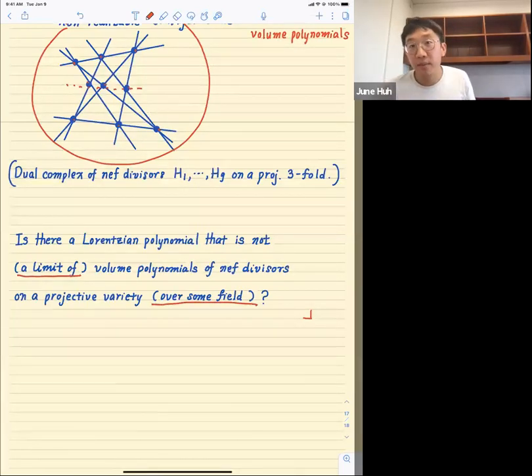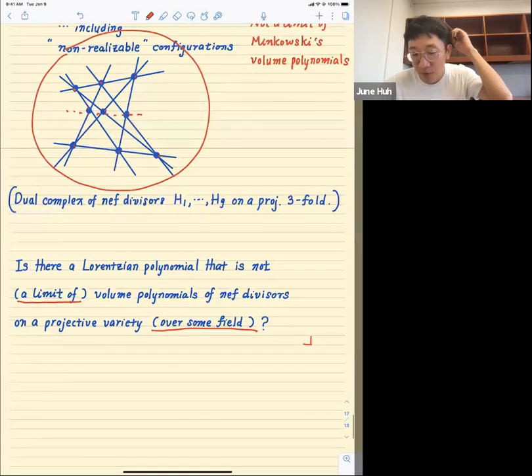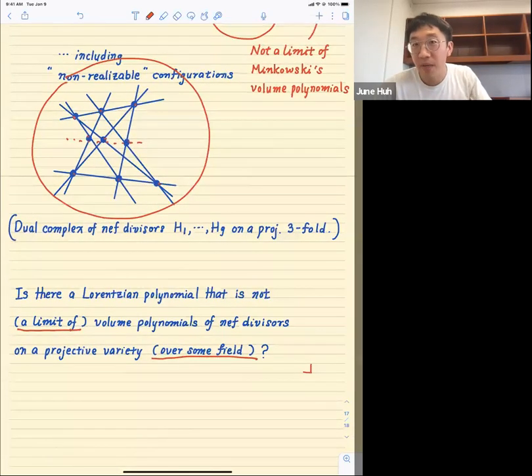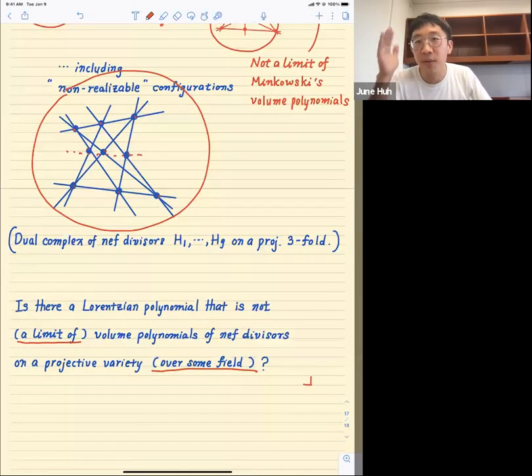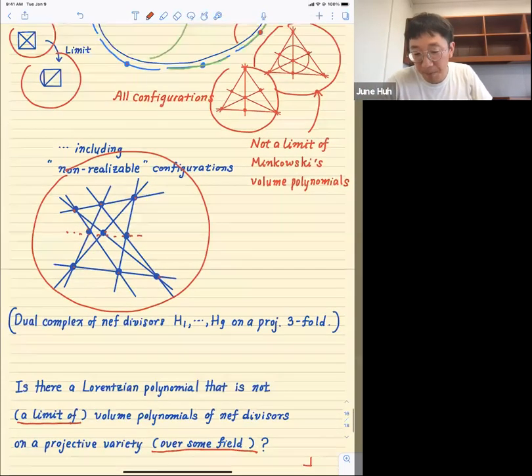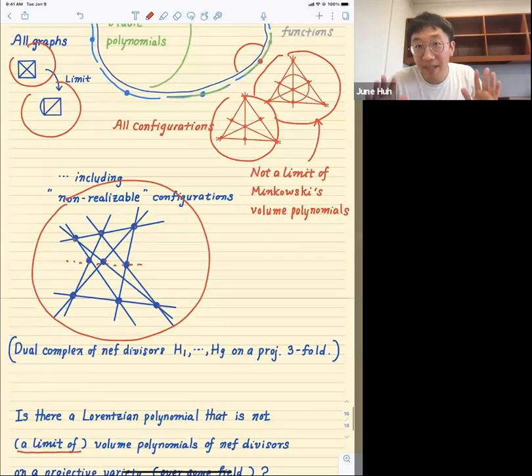But even without those, I think we fundamentally lack the ability to answer questions of this form. I don't know whether you should expect yes or no, probably no, but I just want to point out that it seems like the tools are not readily available. Okay, that's it.